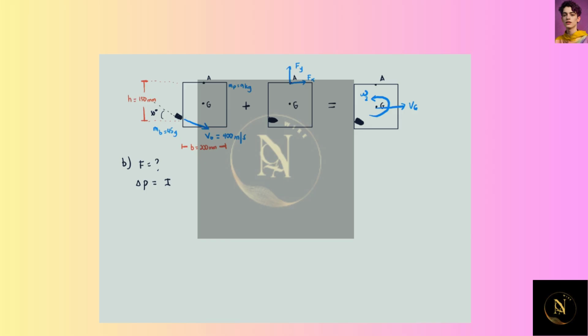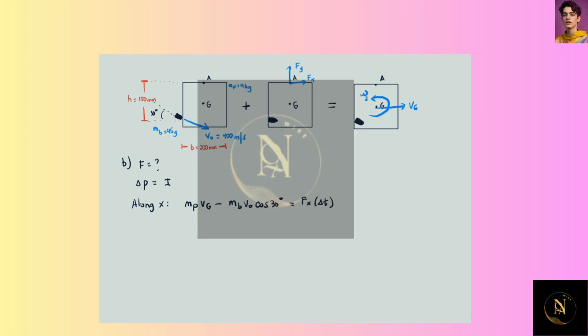So let's start first with along x. So along x, our equation would be the mass of the panel times VG minus the mass of the bullet times VO cosine 30 degrees, because we're just after the horizontal component, equal to f sub x times delta t.